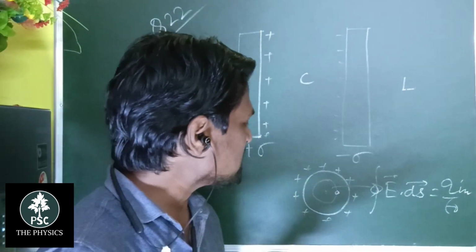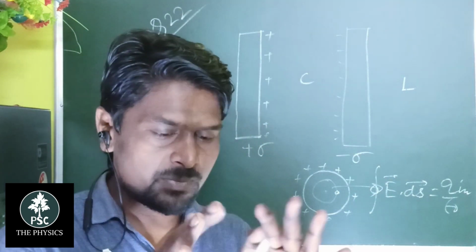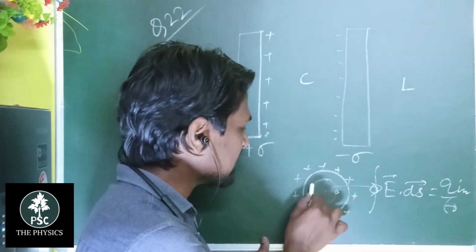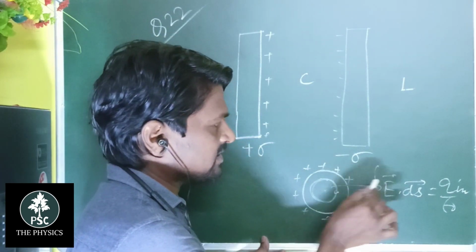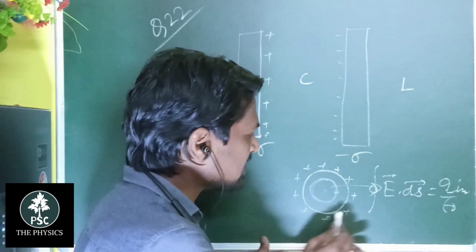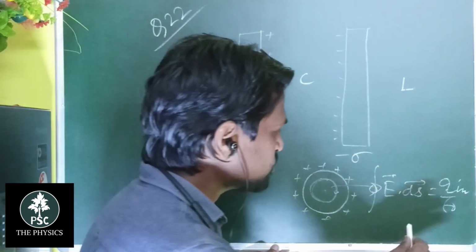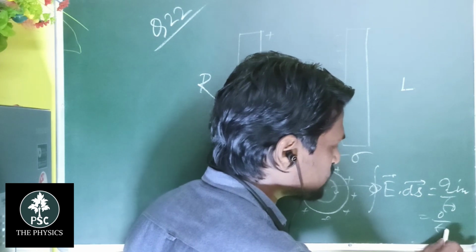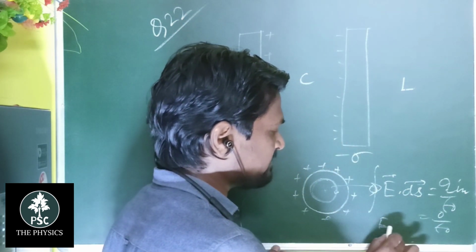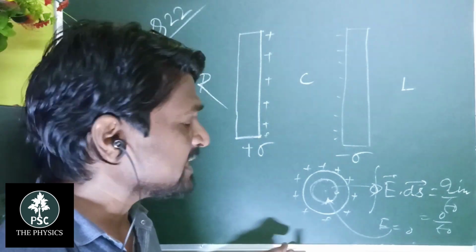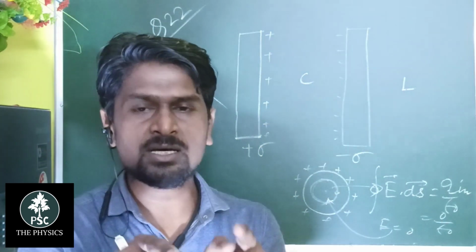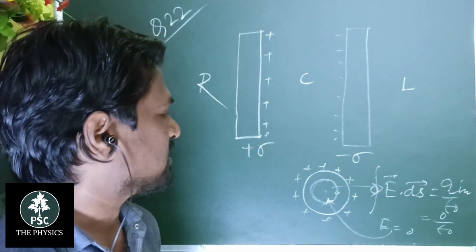So what about the charge inside that charged conductor? The charge content at that point is 0, since the charge resides on the outer surface. So 0 by something means 0, so the electric field is also 0. At that point the electric field is 0, since there is no charge within the conductor.